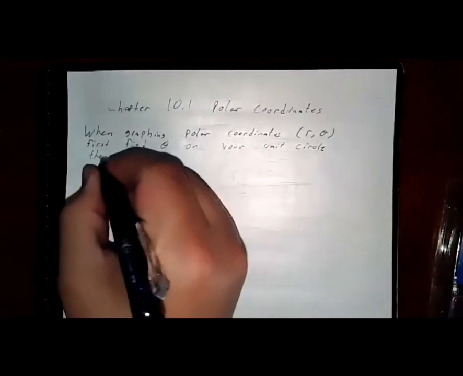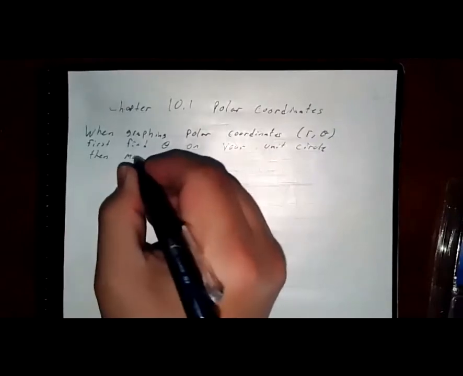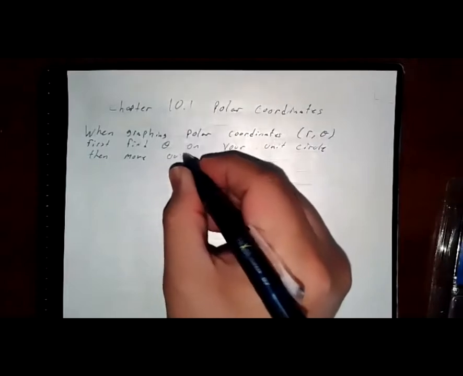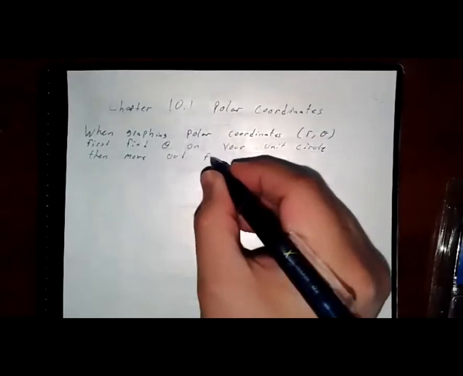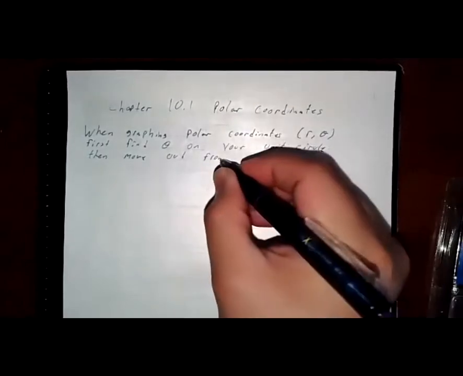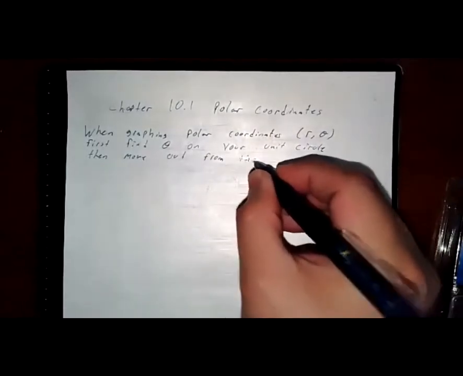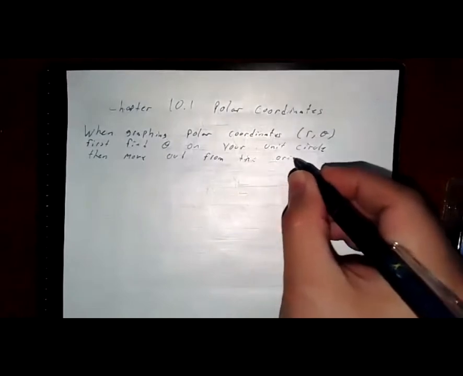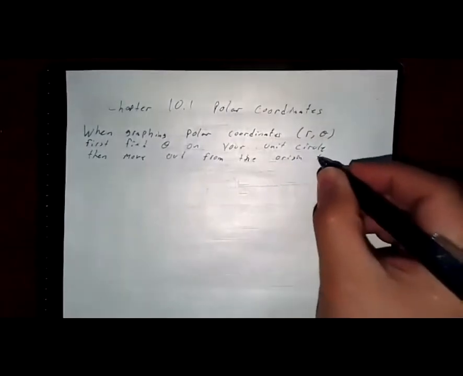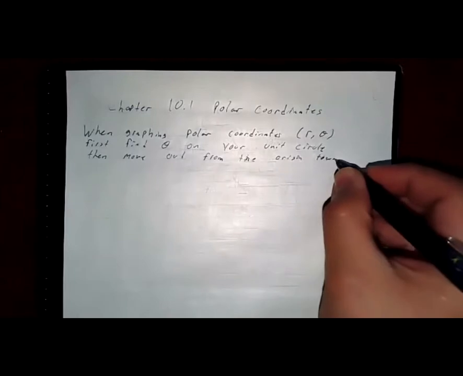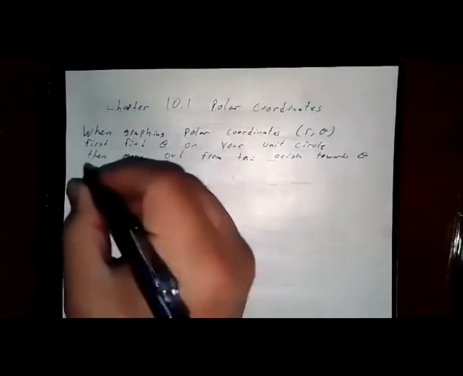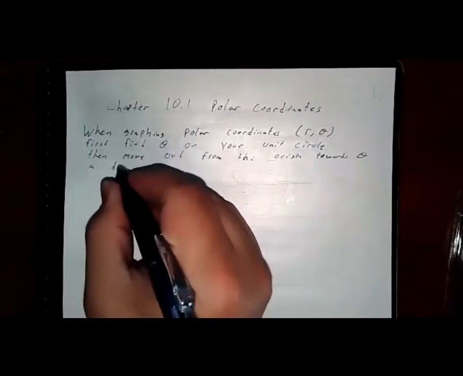Then, once you find it, move out from the origin towards theta, a distance of r. Does that make sense?